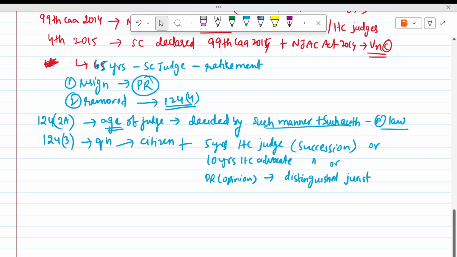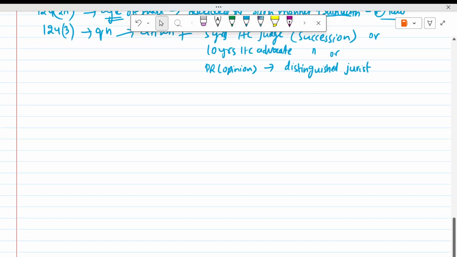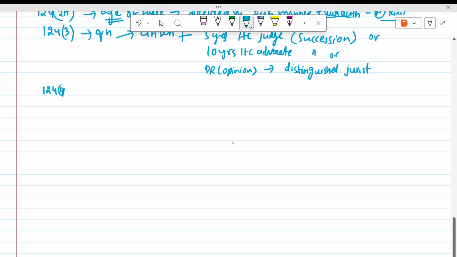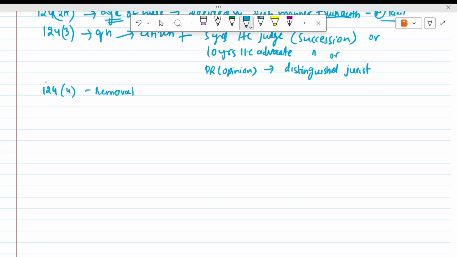Then you come to 124 clause 4, removal. Very, very important. This is the removal of a Supreme Court judge.